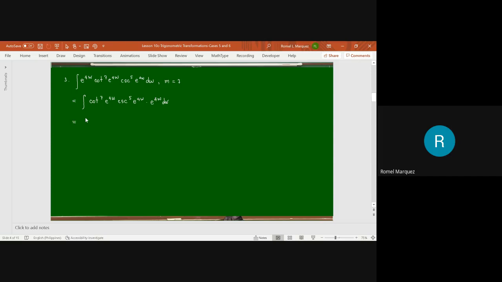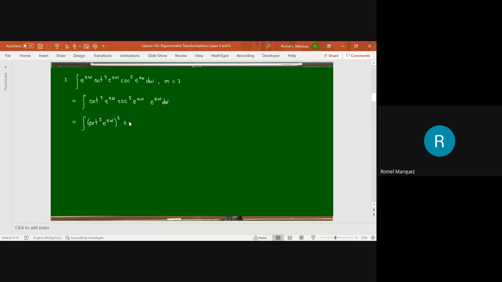So we're going to form a quadratic cotangent, then raised to 3, making it 6. And we have to get from cotangent to the 7, one linear, together with one cosecant from cosecant to the 5th. And then associate it with e to the 4w dw.